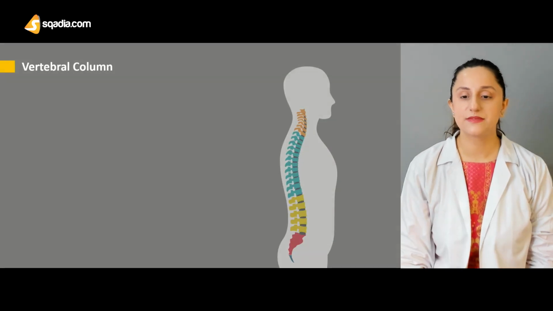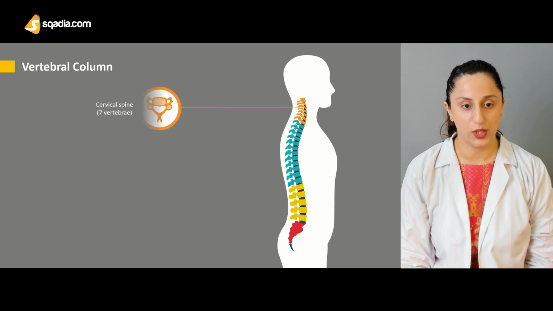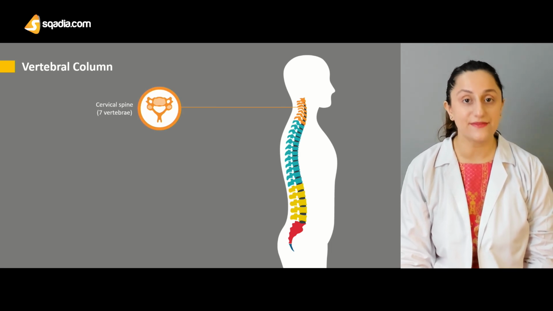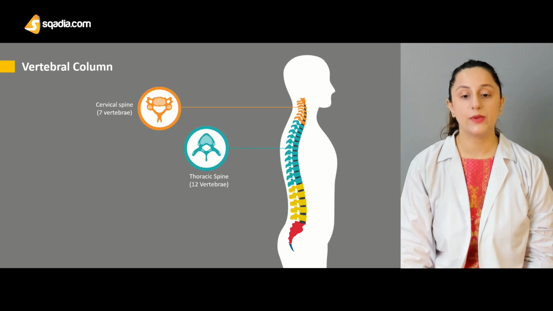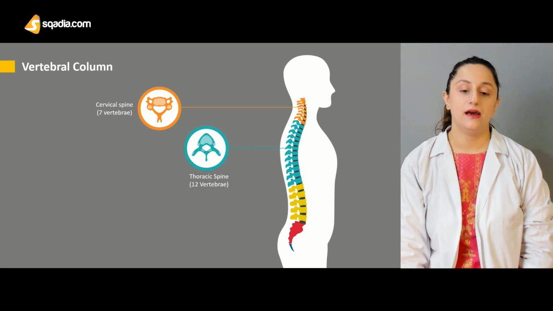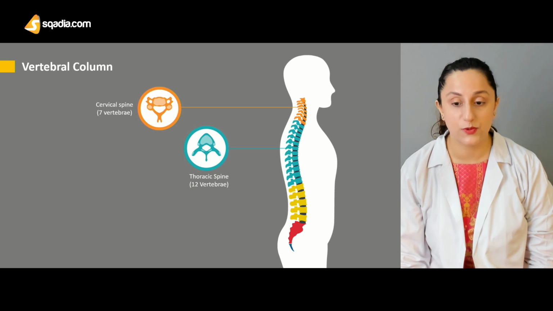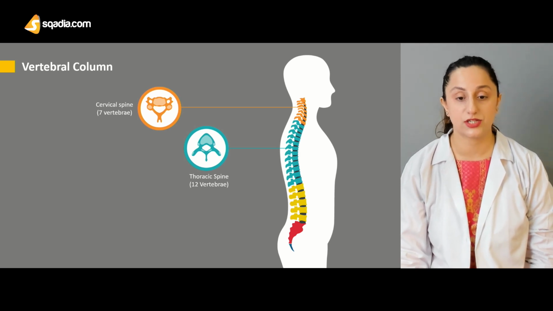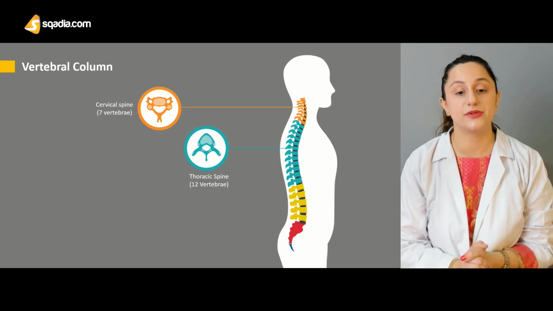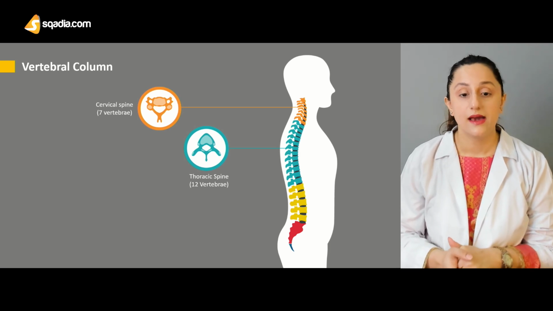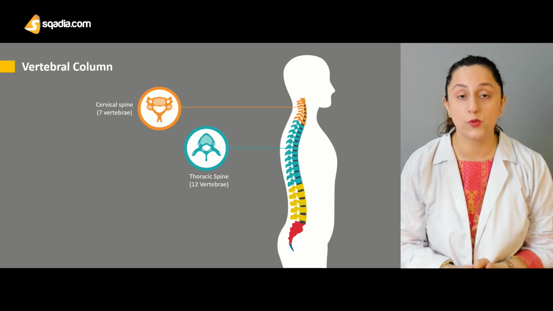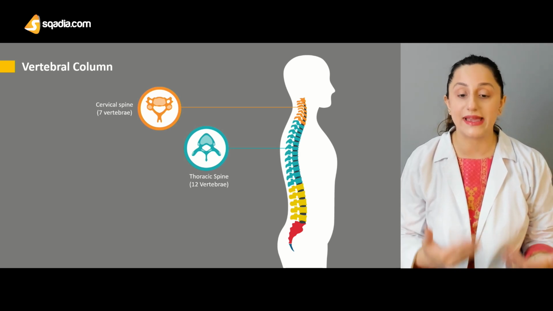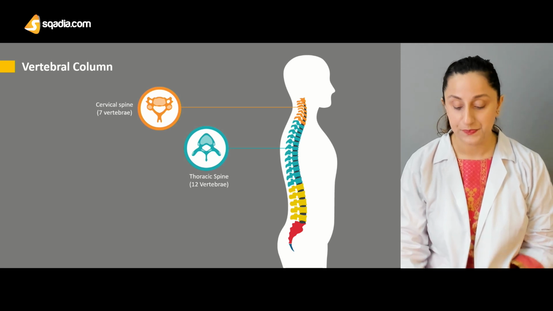So now we have this background knowledge regarding the vertebral column, where we know that the cervical spine consists of the 7 cervical vertebrae. Then we have the thoracic spine with the 12 thoracic vertebrae, which have a different bony architecture. When we compare the cervical vertebrae with the thoracic vertebrae, there is a lot of difference, and one can identify from the basic architecture whether it is a cervical or a thoracic vertebrae.